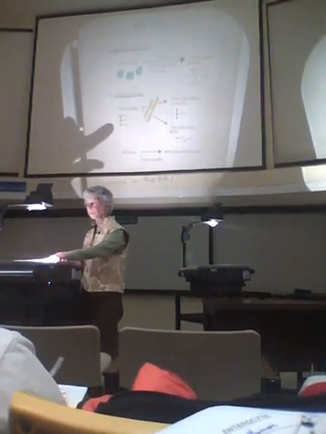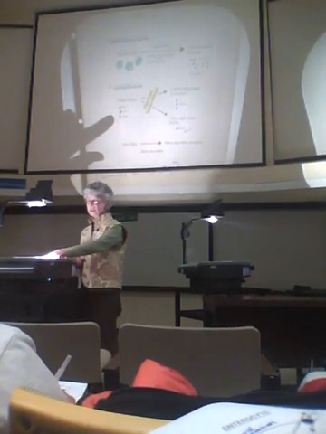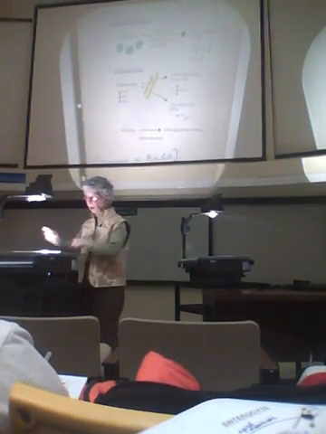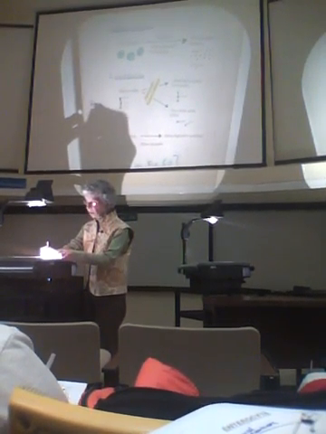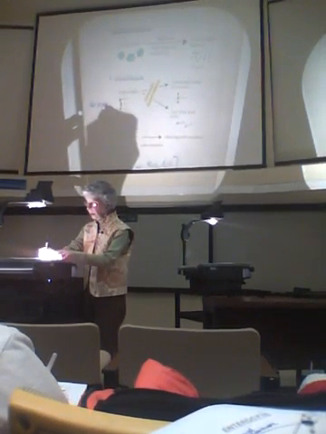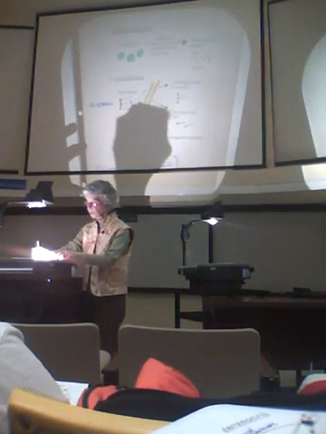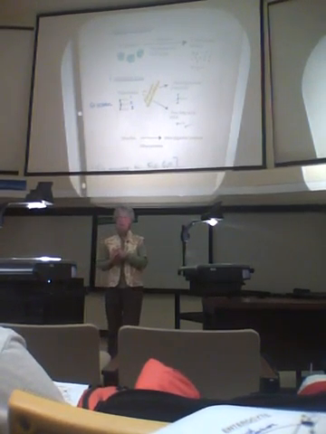What does it do? The main substrate is, or are, triglycerides. And triglycerides are made up of a backbone here of glycerol, and attached to that in positions 1, 2, and 3 are fatty acids.